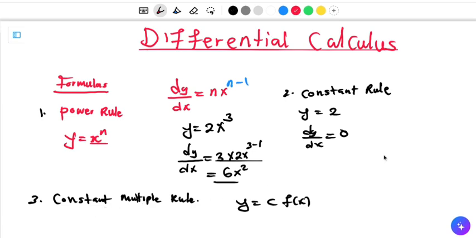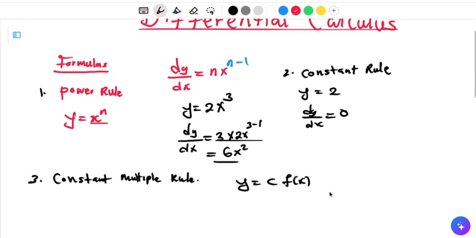I'm just going to give an example. Let's say we have f of x equal to 2, then open bracket, then we have a function g.